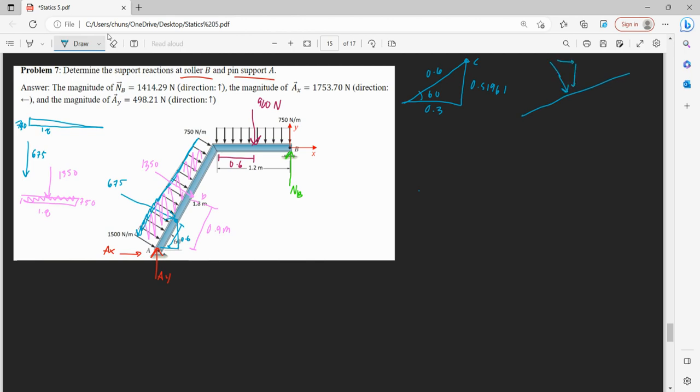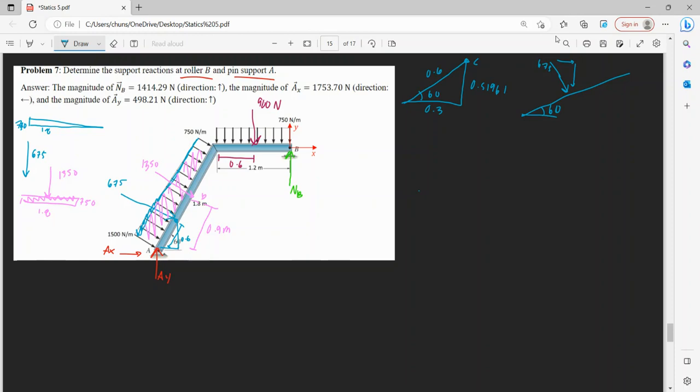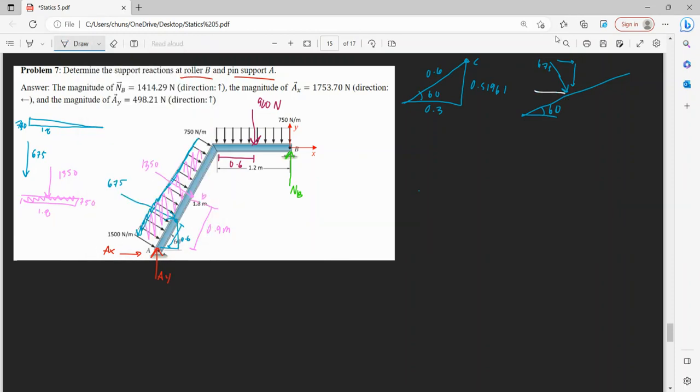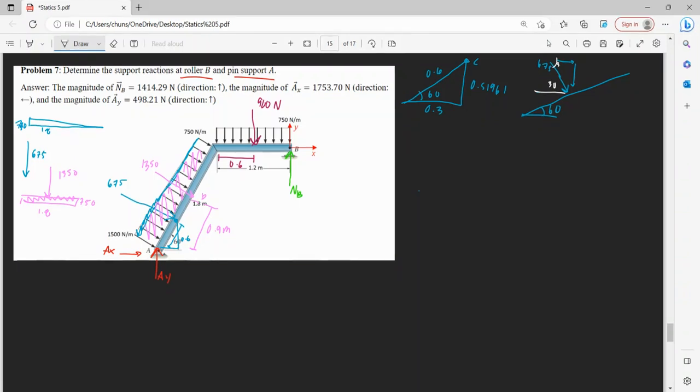Going to find the x and y components. So this is 675. This makes a 60-degree angle. So that means we make a 30-degree angle with the horizontal here, if I'm not mistaken, and thus a 30-degree angle here.